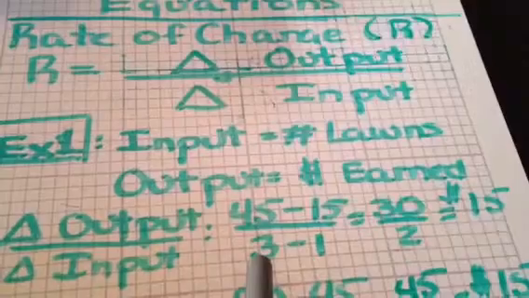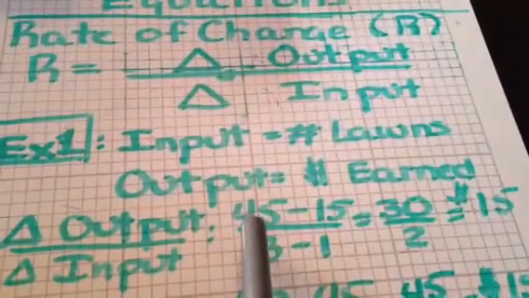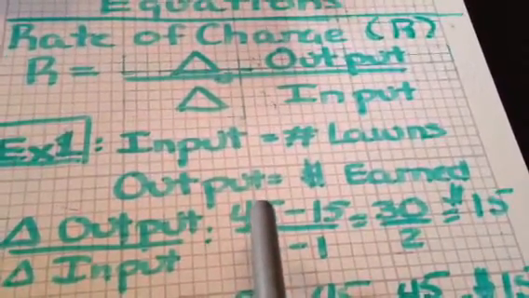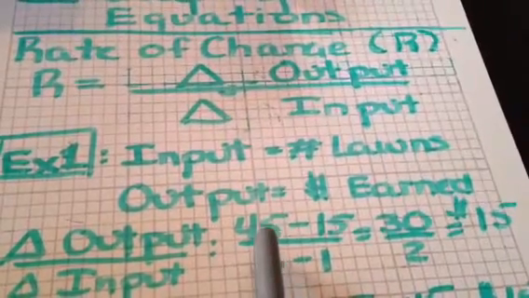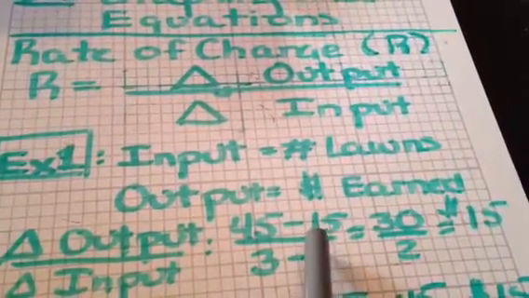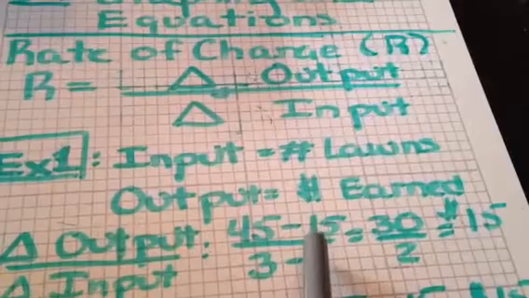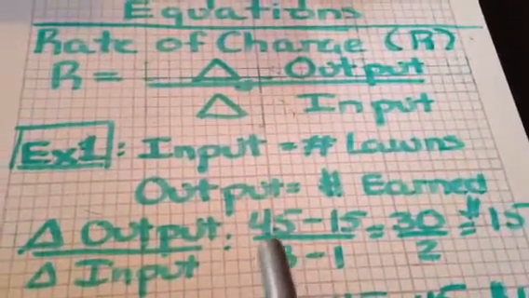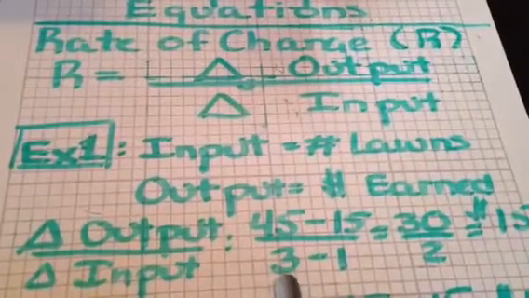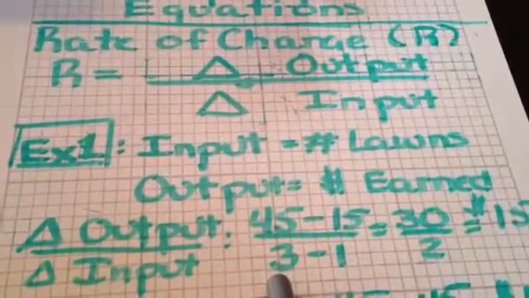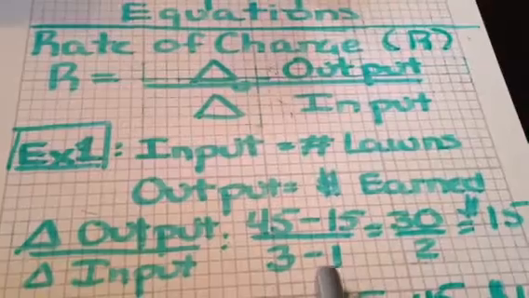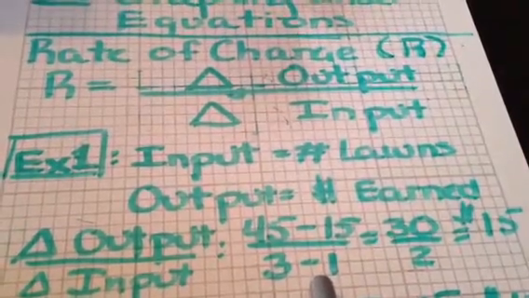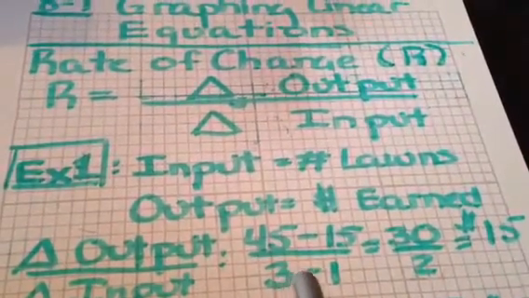So between days 1 and 2, when you look on the graph, day 2, her amount earned, her output was 45. Day 1, her amount earned was 15. Her input on day 2 was 3 lawns that she mowed, and her input on day 1 was 1 lawn that she mowed.